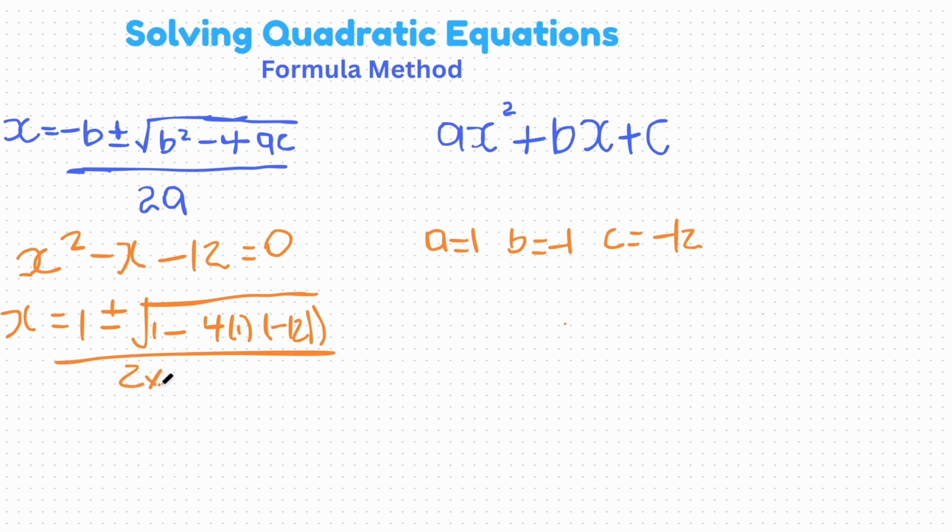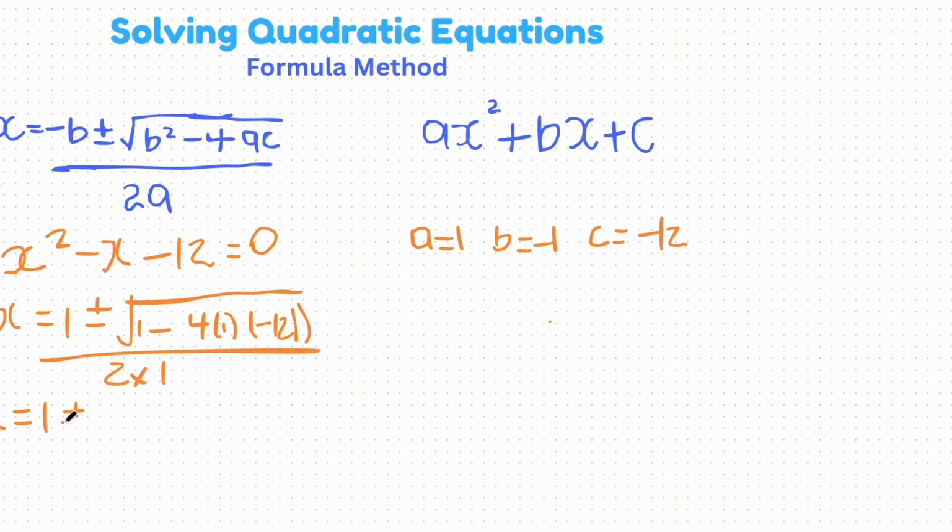So 2 times 1. x is equal to 1 plus or minus the square root of 1. So negative 4 times 1, that's negative 4. Negative 4 times negative 12, that's positive 48. So plus 48, because remember negative times negative gives us positive. Divided by 2 times 1, which is 2.